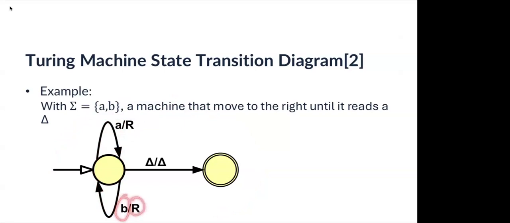But if we read a blank, we overwrite it with a blank, which is basically doing nothing, and then we go to the halting state. It means we are finished. So this machine moves to the right until it reads a delta.